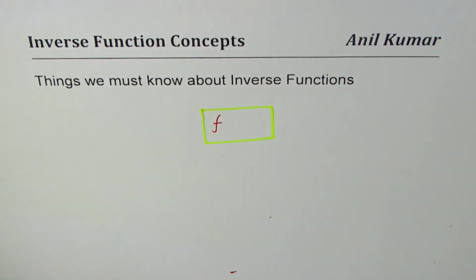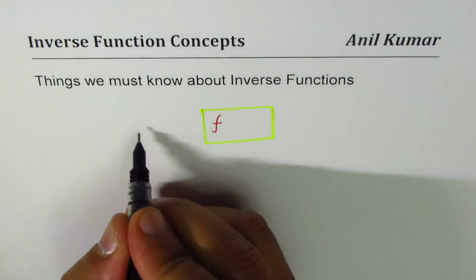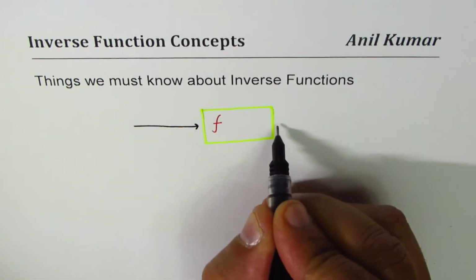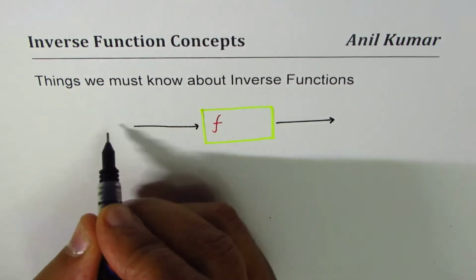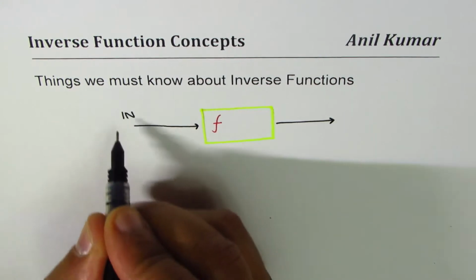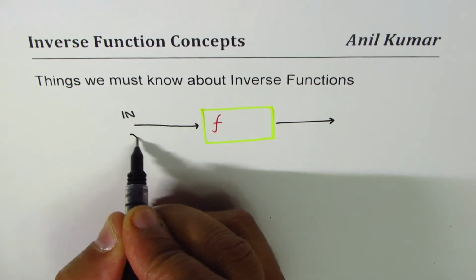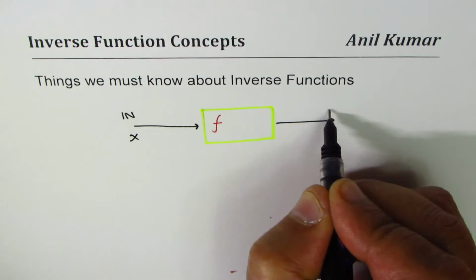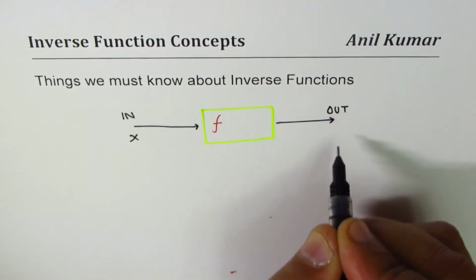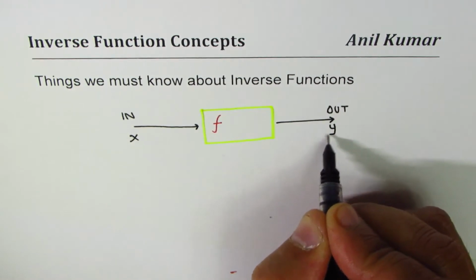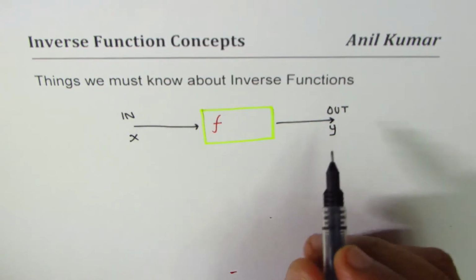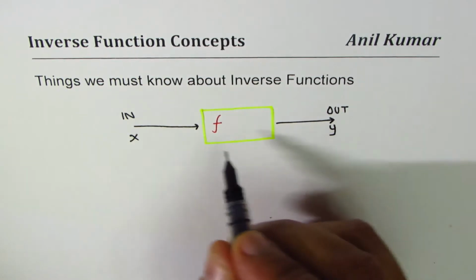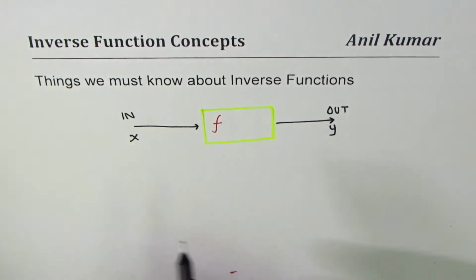Now, whenever there is a function, we have some input and some output. Normally, we'll write inputs in terms of x and the outputs in terms of the y values, right? We also write this y value as f of x, correct?